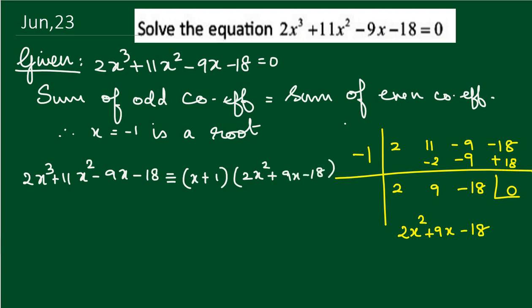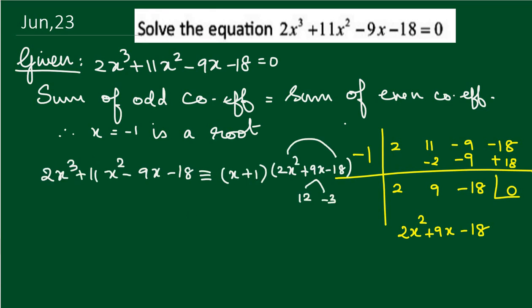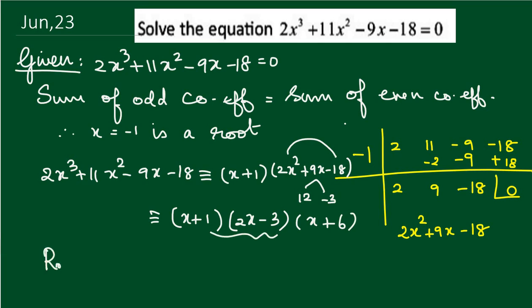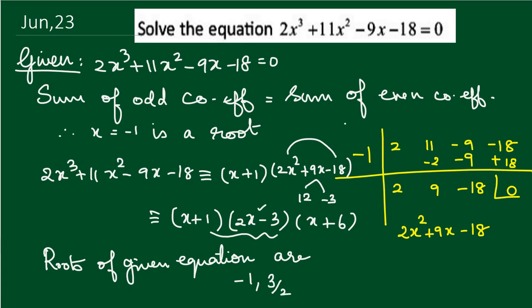Now, the factors of this are x plus 1 into 2x minus 3 into x plus 6. Equating these factors to 0, the roots of the given equation are minus 1. Equating the second factor to 0, we get 3 by 2. Equating the third factor to 0, we get x is equal to minus 6.